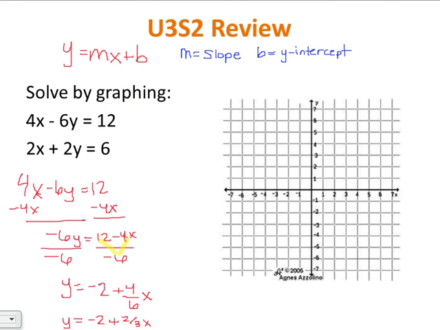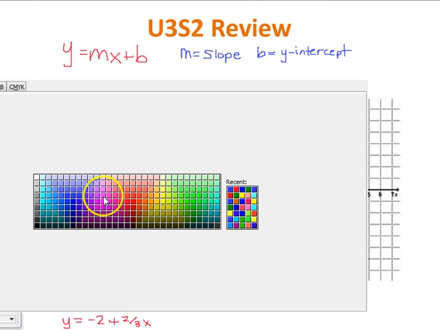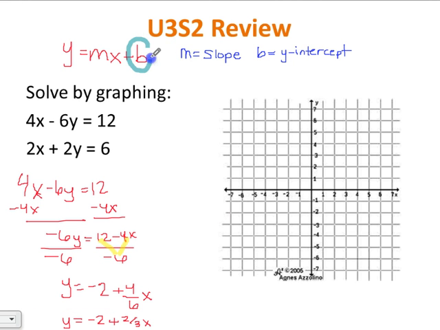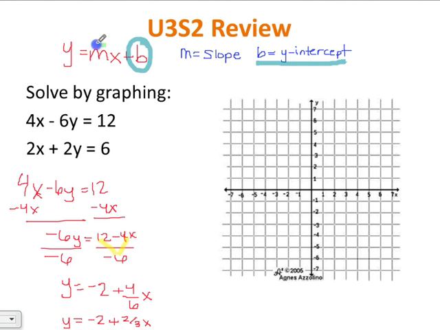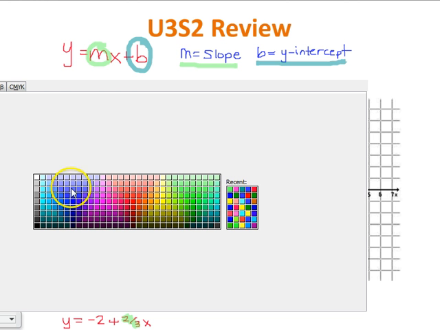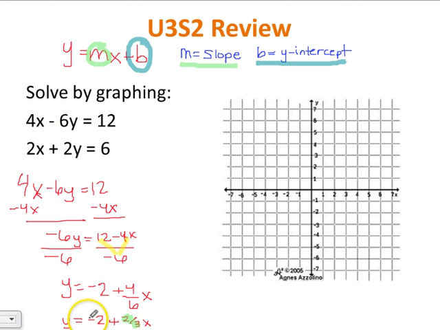So b will always be your y-intercept, and the number being multiplied by your x will be your slope. So the slope here is going to be 2/3, and the y-intercept, our constant term, is going to be negative 2.